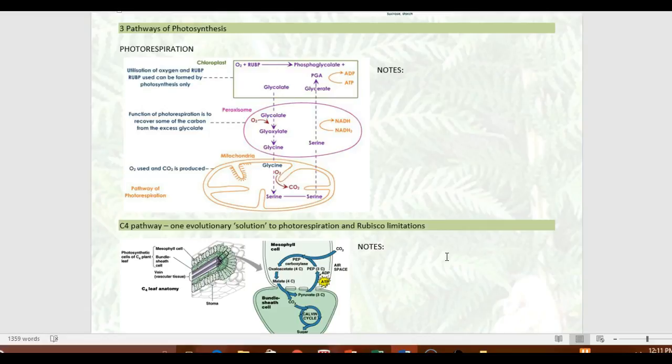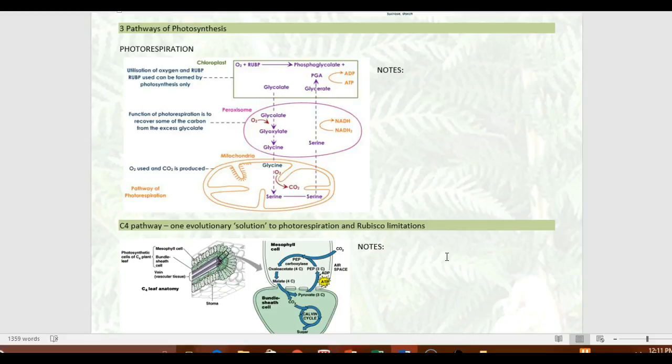It gets phosphorylated. We donate a phosphate from ATP. Glycerate, 3-carbon, becomes 3-PGA. Add a phosphate from ATP, and now you've got PGA. All of that to just get the 3-carbon molecule necessary to plug back in right here, the PGA right here.